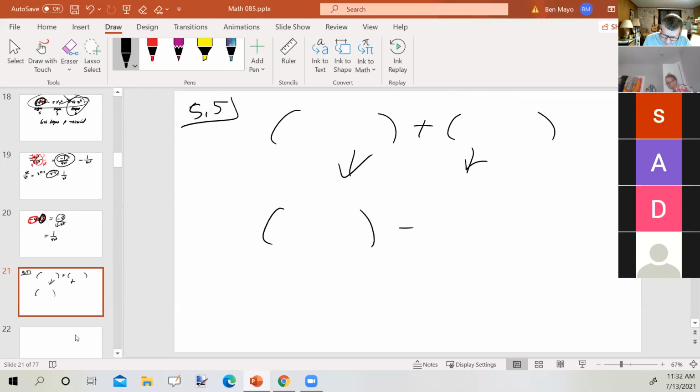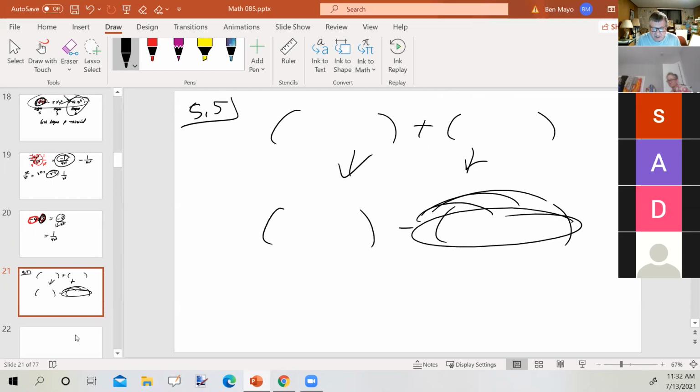But if you have a subtraction sign in front, you have to distribute that subtraction sign, and it changes the sign of every term inside. Technically, here you're distributing the plus sign, but it doesn't change what's inside. Multiplying by a negative changes the sign. Multiplying by a positive does not change the sign.